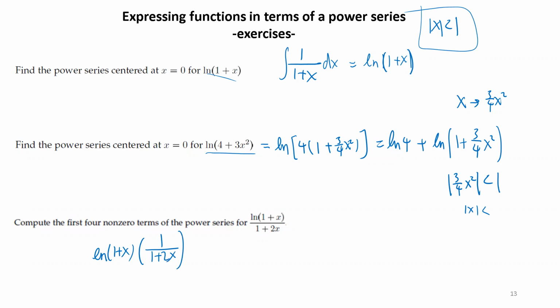From the properties that I told you, if you have two convergent series, you can do term by term multiplication. The log of 1 plus x has a power series: something plus something times x plus something times x squared, and so on.